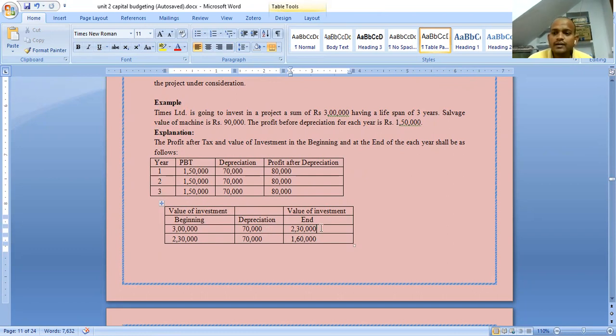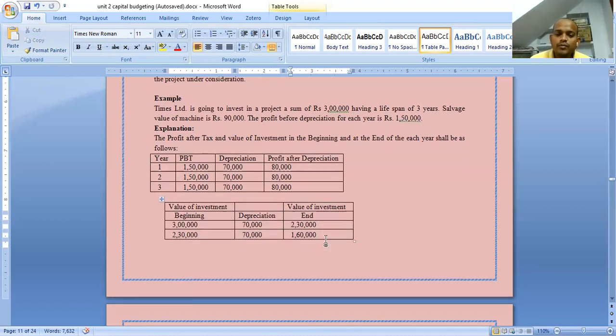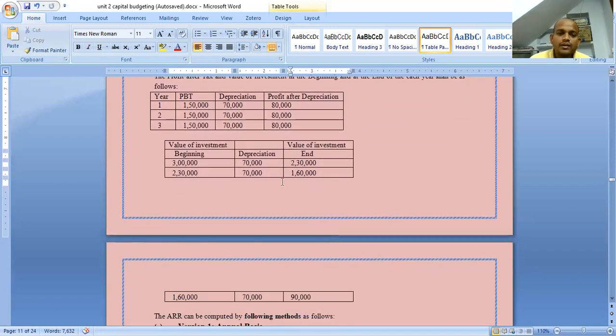So we will get at the end of the year the value of asset or value of the investment 2 lakh 30,000. And in the second year beginning it is 2 lakh 30,000, and again we are charging depreciation. So the normal wear and tear of the asset, we have to deduct it. So that asset value is 1 lakh 60,000.